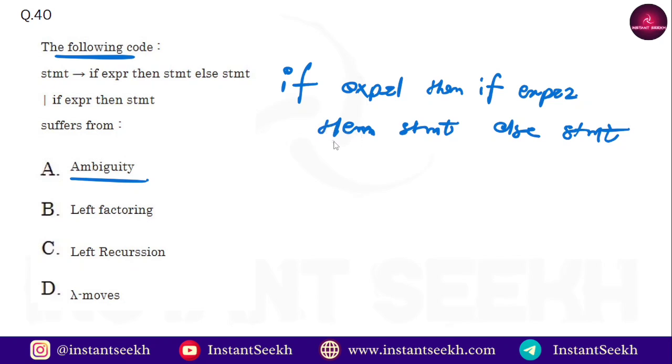There are two possible ways to interpret this. The else is associated with the nearest if, that is expression 2, and this interpretation will be as follows: if expression 1, then if expression 2, then statement else statement.